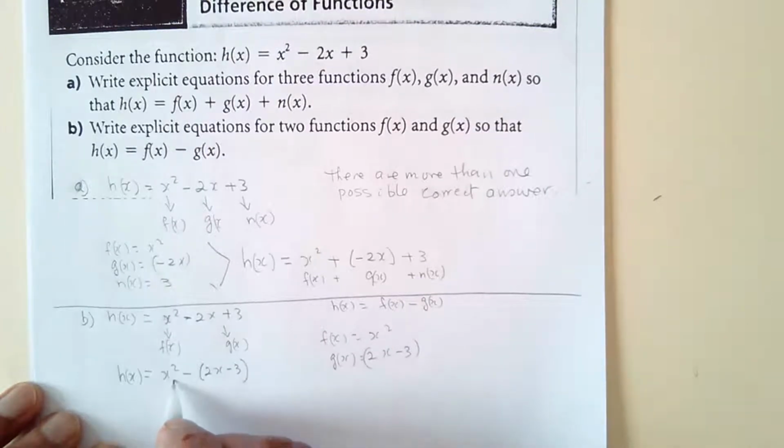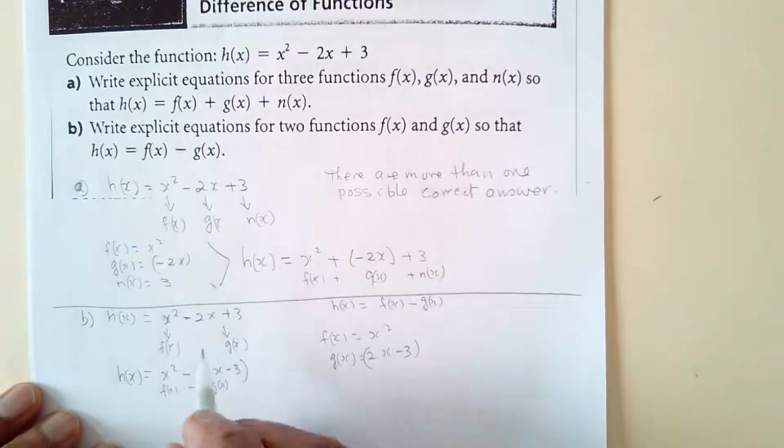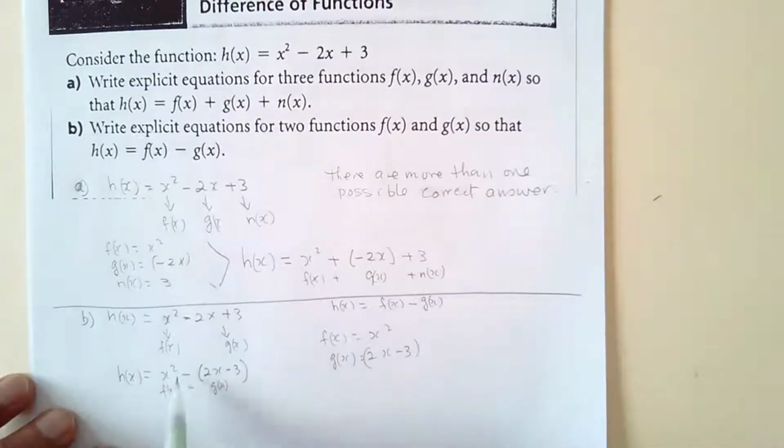So this is my f of x, and this is my g of x. And it will satisfy, you just notice it doesn't change the original function. X squared minus 2x, minus and minus is plus. So it still maintains x squared minus 2x plus 3.